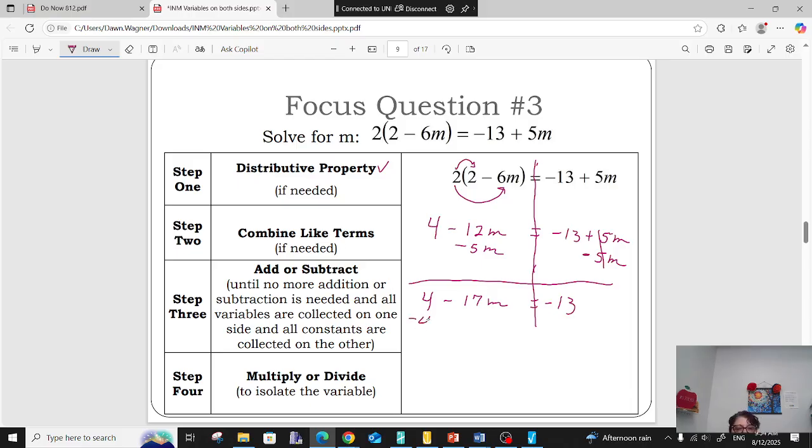So we separate, we're going to subtract 4, negative 17m is equal to negative 17. We divide by negative 17. And m is equal to what? 1. Any number divided by itself is always 1.